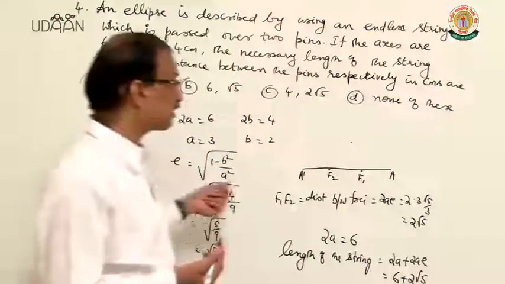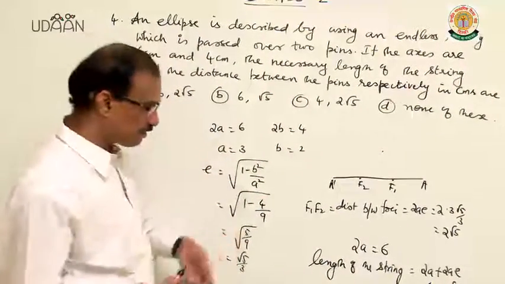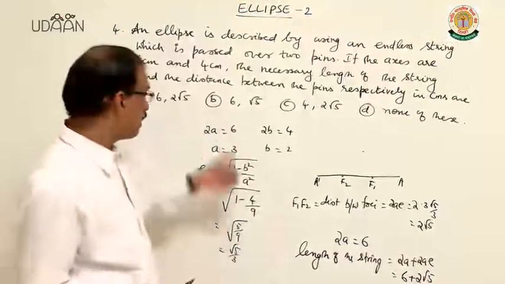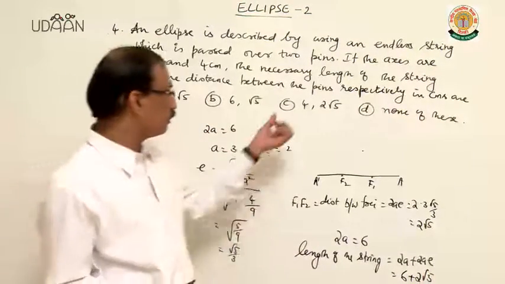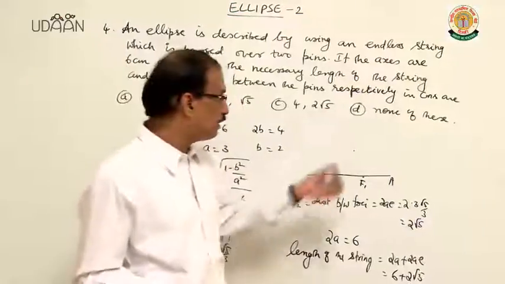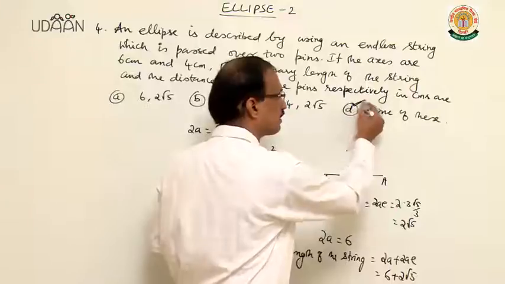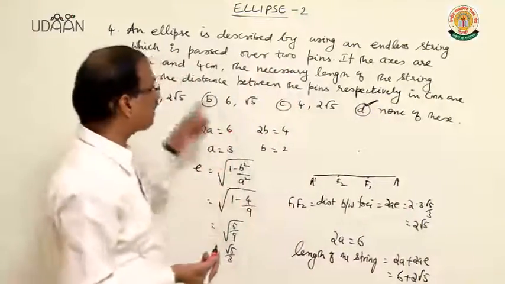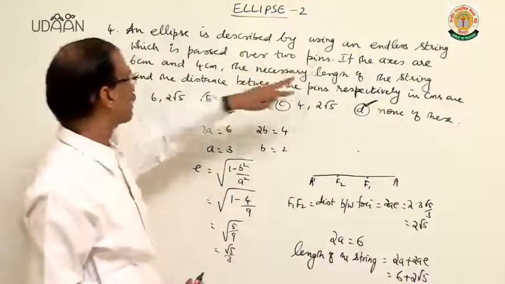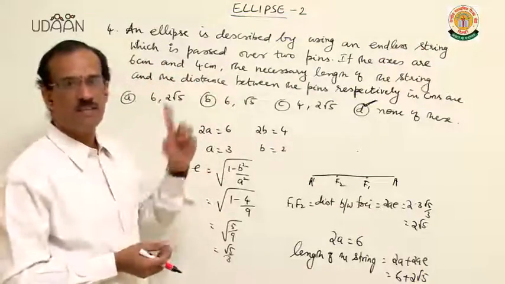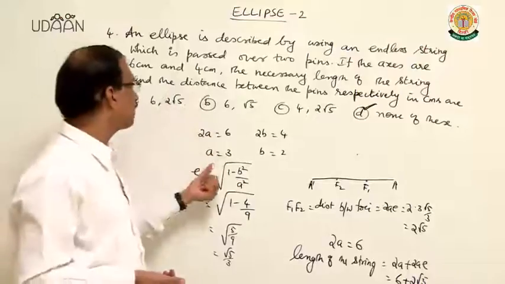Now let us look into the options. 6 comma 2 root 5, there is no such option, and 6 root 5, no; 4 and 2 root 5, no. So none of these is the option. What is given is that the axes are 6 centimeter and 4 centimeter, that means 2a is given, the major axis, and 2b is given, the minor axis.